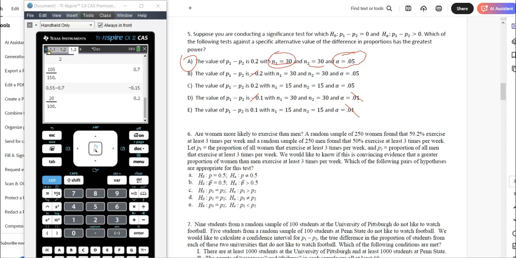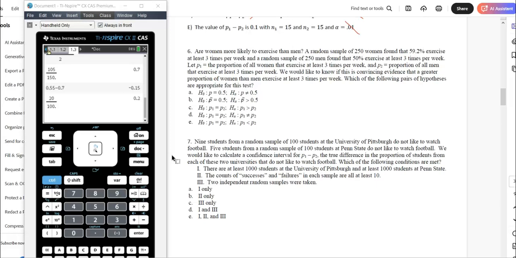Larger sample size definitely decreases the type 2 error, which is inversely proportional with power. So if type 2 decreases, power increases there. So it's definitely A.